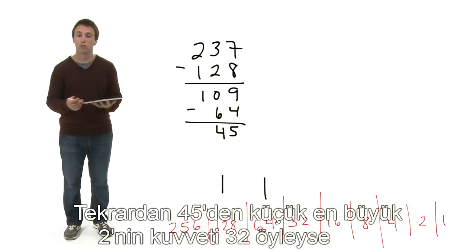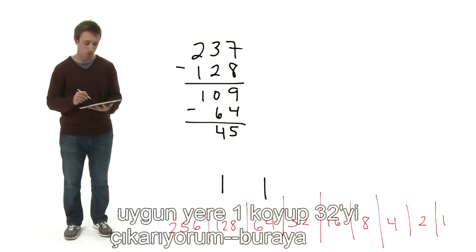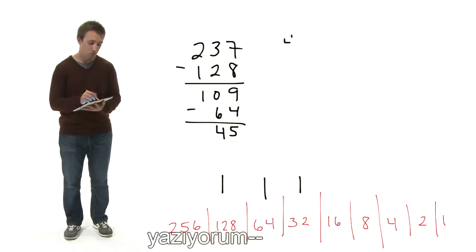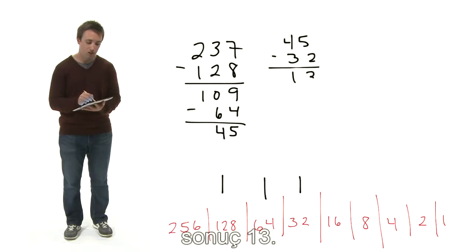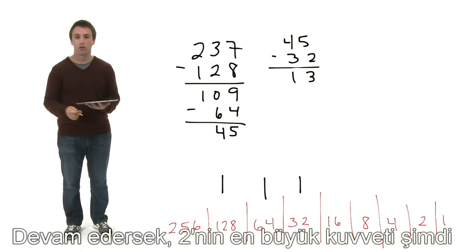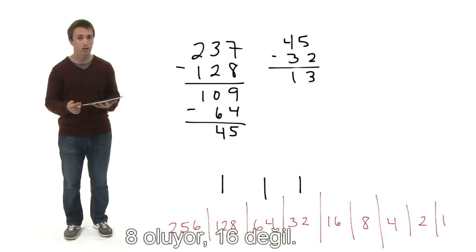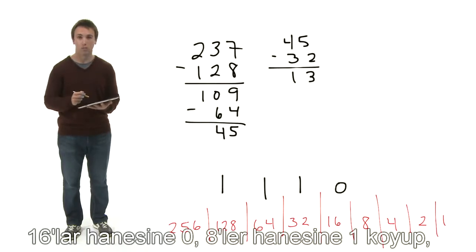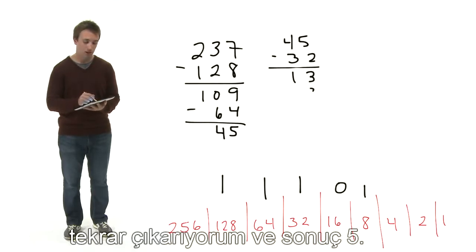Again, the largest power of 2 that's less than 45 is 32, so I put a 1 in the appropriate slot and subtract 32 to get 13. Moving on, I get 8 as the largest power of 2 now, not 16, so I put a 0 in the 16's place, a 1 in the 8's place, subtract, and get 5.